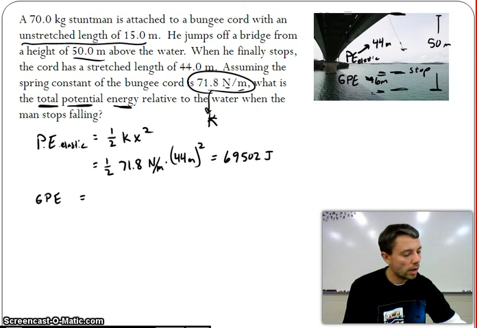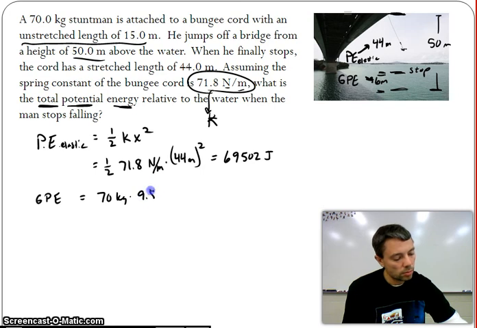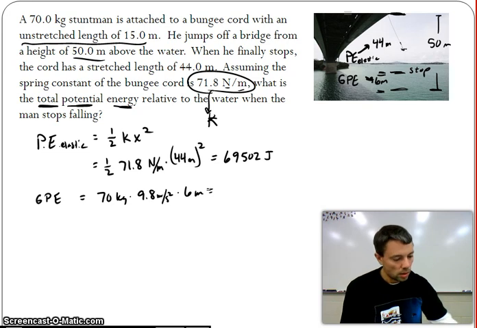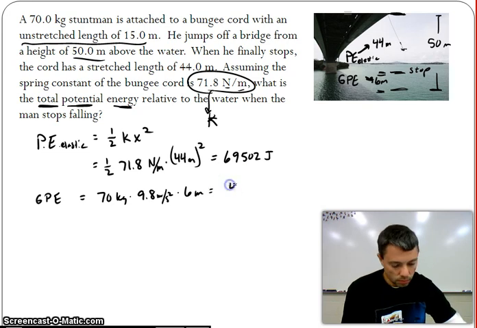My GPE is going to be based off of this little bit of a height. So in other words, I know the mass is 70 kilograms. I know my gravity is 9.8 meters per second squared, and I know that my height was 6 meters. So I just take my 70 times 9.8 times 6, and I get 4,116 joules.